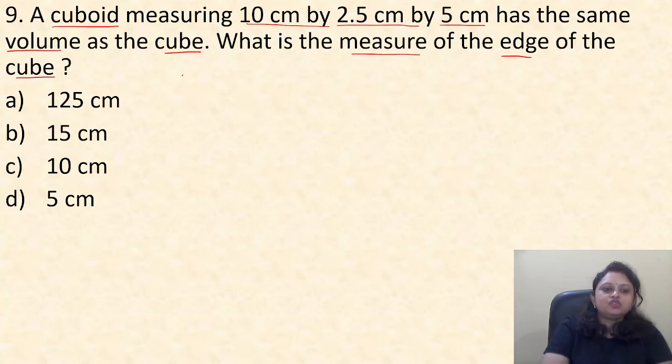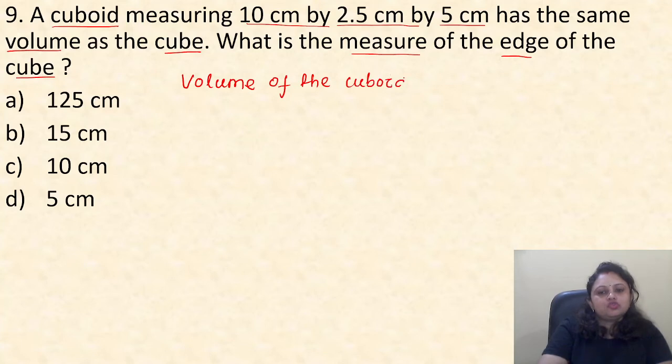So first we need to find the volume of the cuboid. Volume of the cuboid is equal to 10 centimeter into 2.5 centimeter into 5 centimeter.